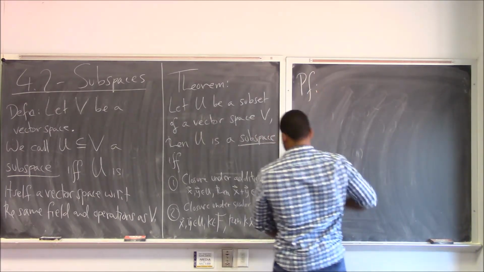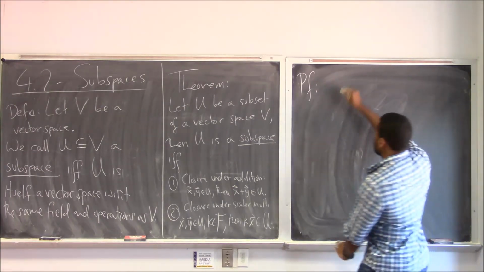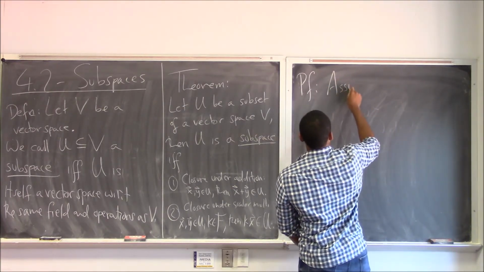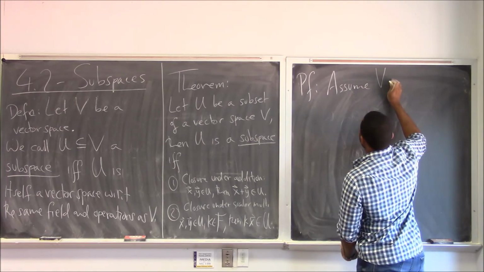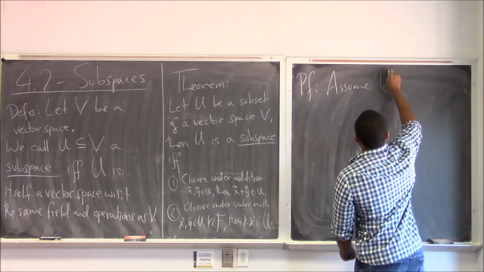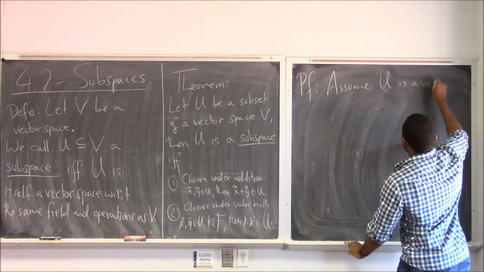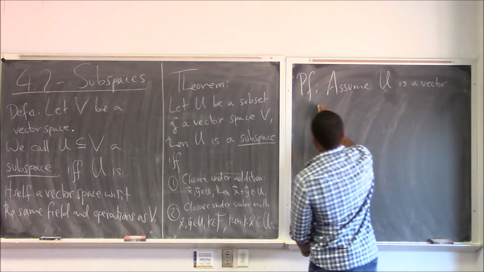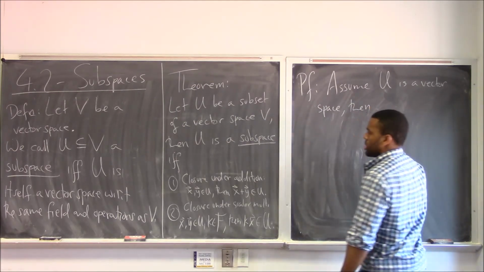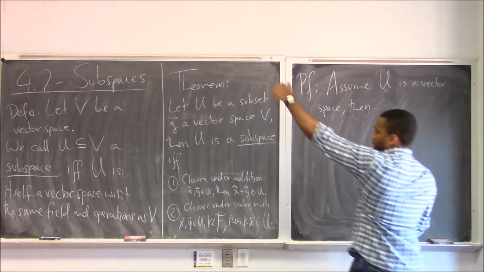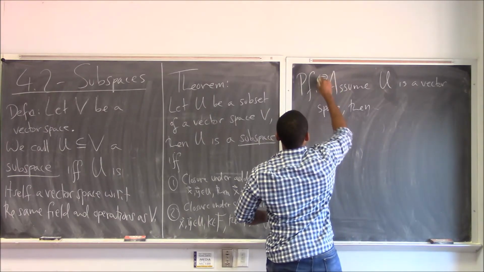Proof. Assume U is a subspace, a vector space. Then, what direction am I proving here? So I'm proving in this direction, right? The forward direction.